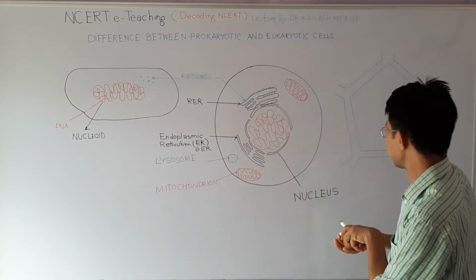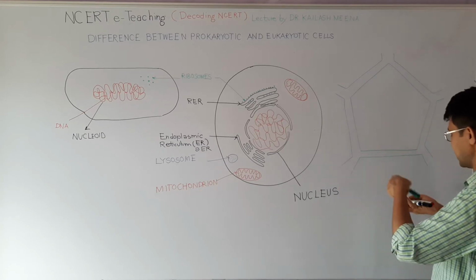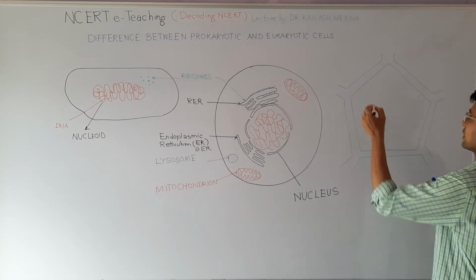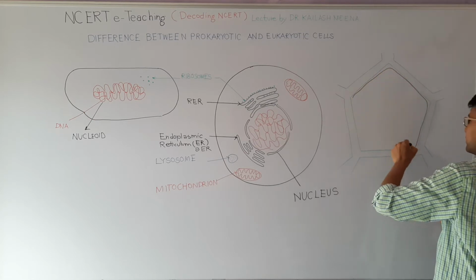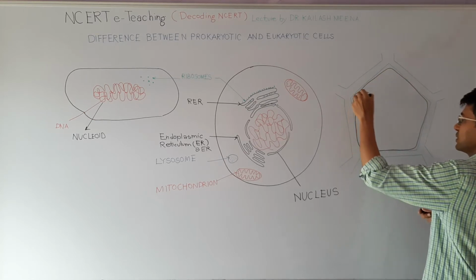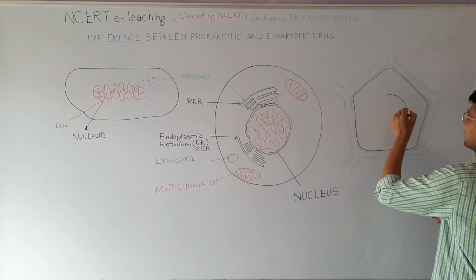And we have another compartment. I will make that compartment in this cell. Both of the cells are the same, only the shape is different. Again cell membrane. Let me draw that also. It will be helpful for you.